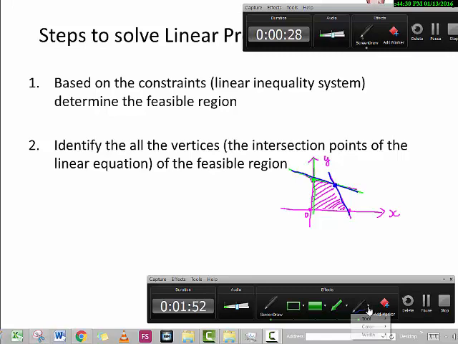And the last vertex is the intersection, I use black this time. This vertex is the intersection of this linear equation and the x-axis. So to find all the vertices, you are basically trying to find the intersection points of different linear functions.